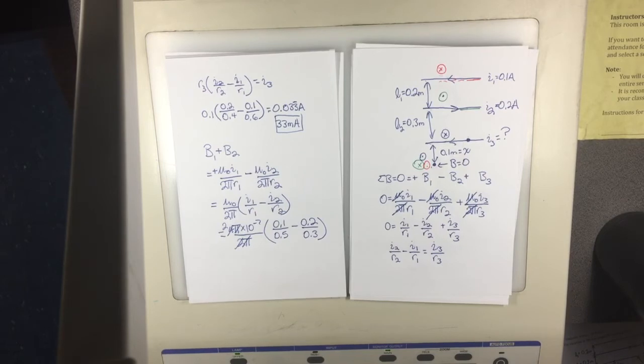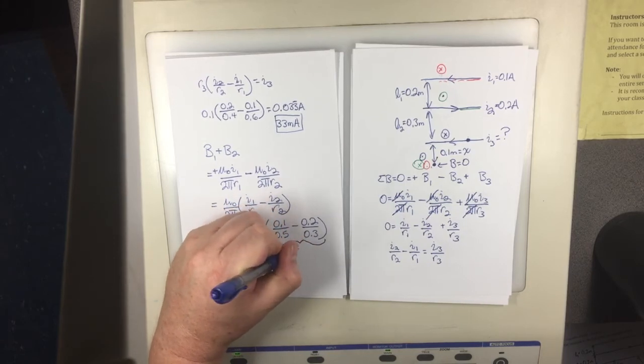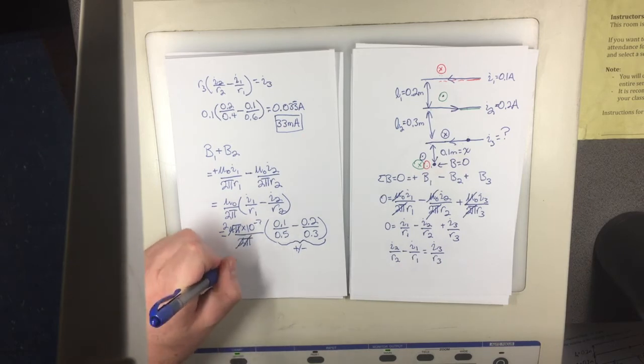Now really, I'm actually not interested in the total number. What I'm interested in is the sign of that portion right there. And I end up with a negative number.